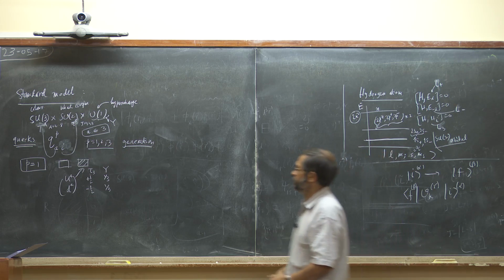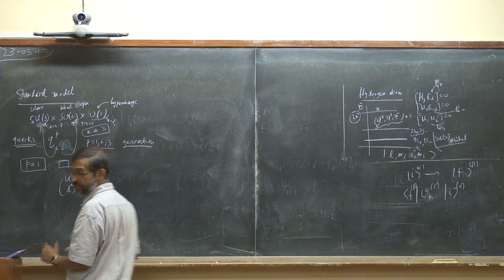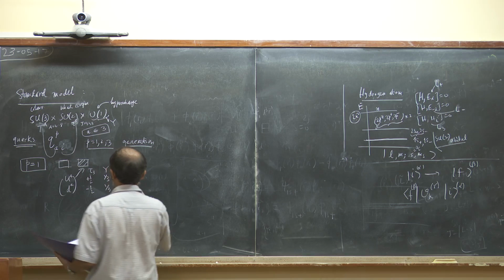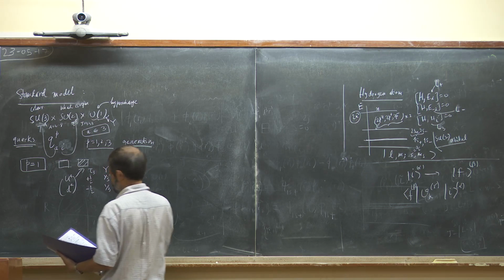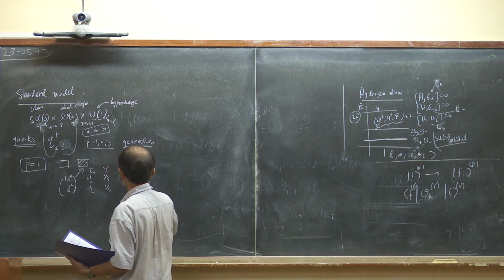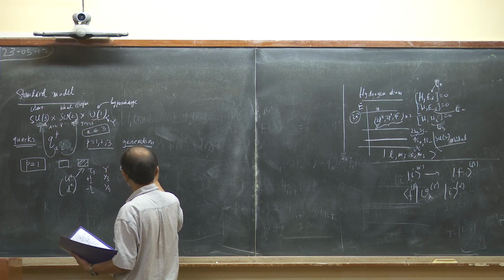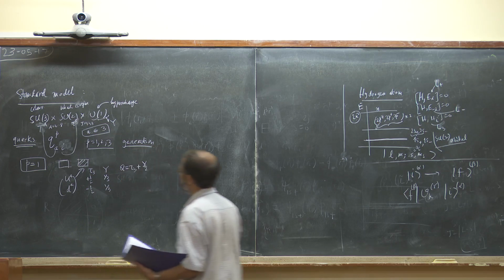But let me just tell you what the final conserved charge is. That's called obviously the electromagnetic charge. So this is tau 3 plus y divided by 2.